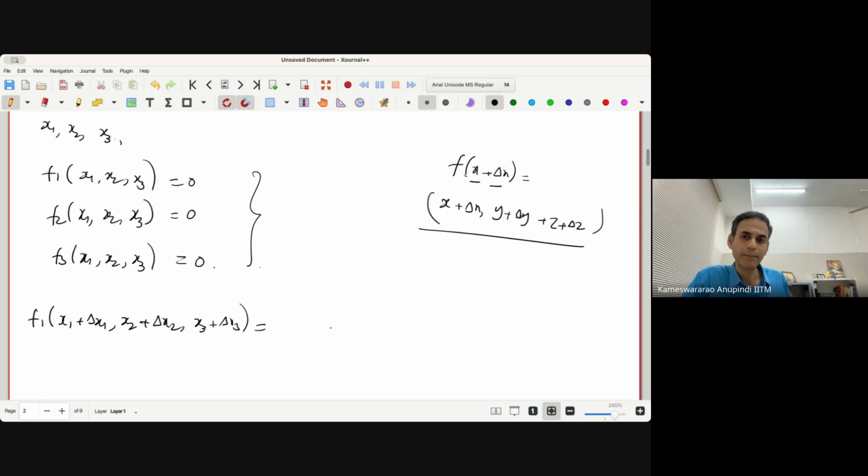Now, just like Taylor series expansion for a single variable, I'm doing a Taylor series expansion in multiple variables.